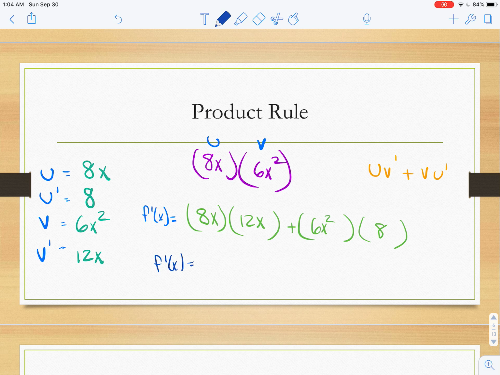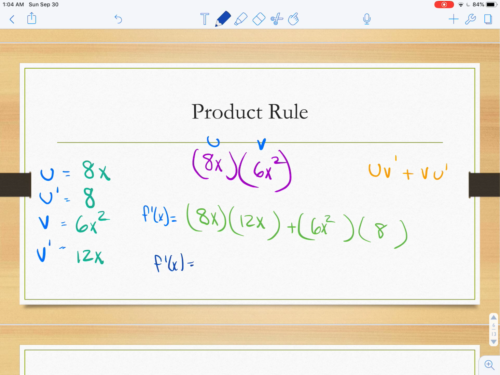So if that's a little hard to memorize, what I was just thinking in my head is low d high minus high d low over low squared. This is what my calculus 1 teacher in senior year of high school taught me.